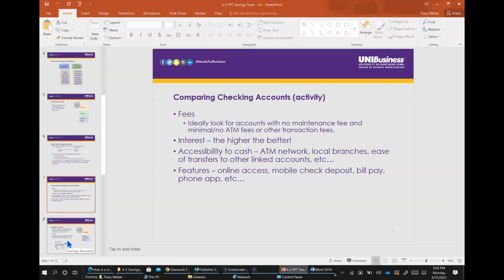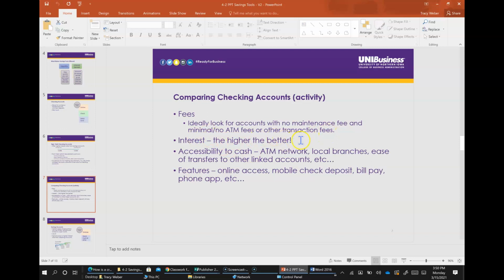So, comparing checking account activities. This is an activity that I'd like for you guys to do. You're going to compare fees, interest, accessibility, and features. Okay, so fees: ideally look for accounts with no maintenance fee and minimal to no ATM fees or other transaction fees.